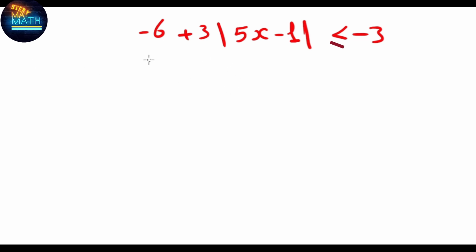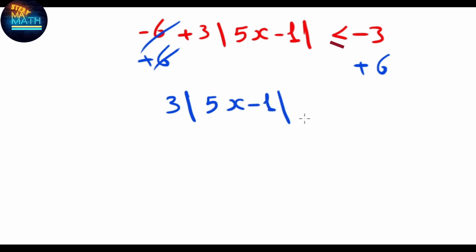So I will add 6 to both sides, plus 6, plus 6. Now we have 3, the absolute value of 5x minus 1 is less than or equal to negative 3 plus 6 is 3. We didn't isolate the absolute value yet, so I will divide both sides by 3.